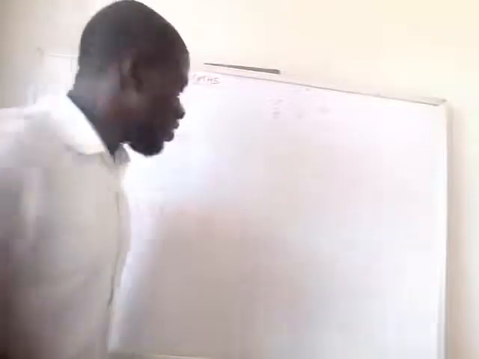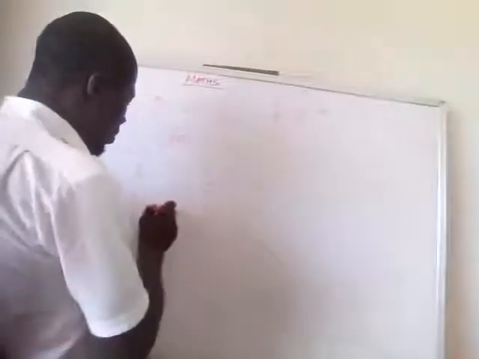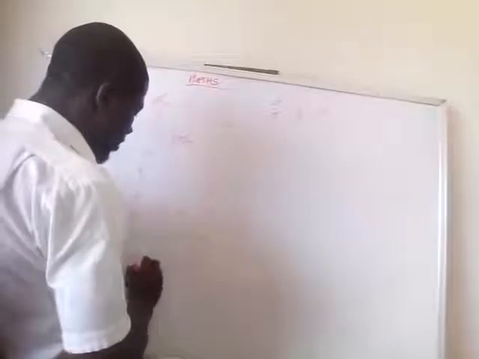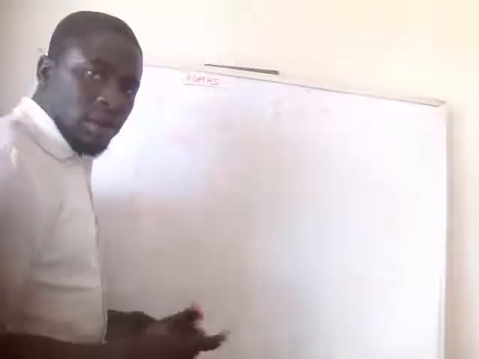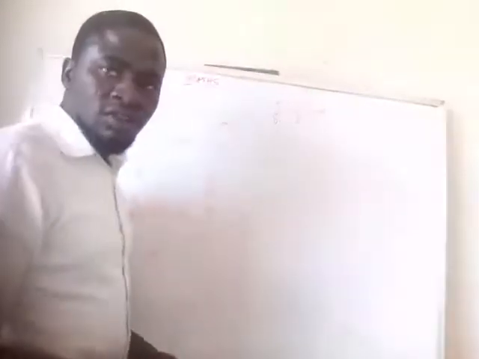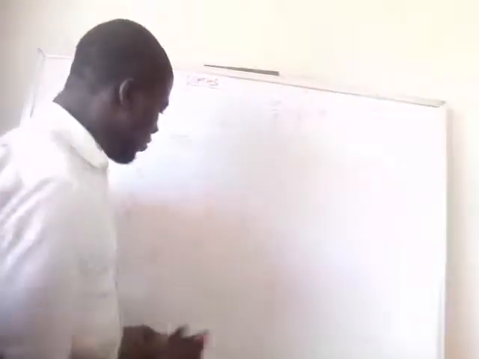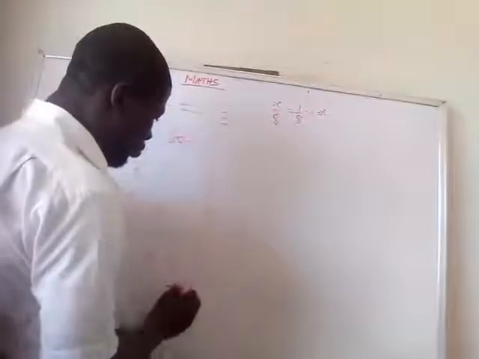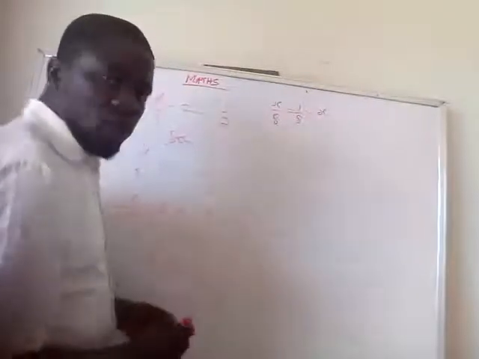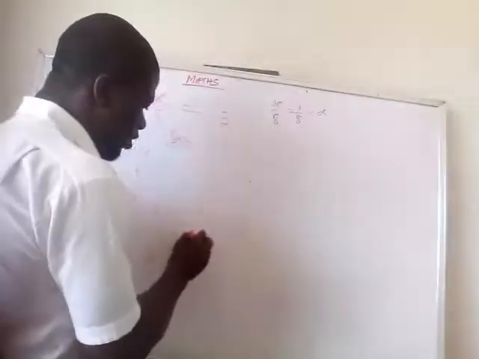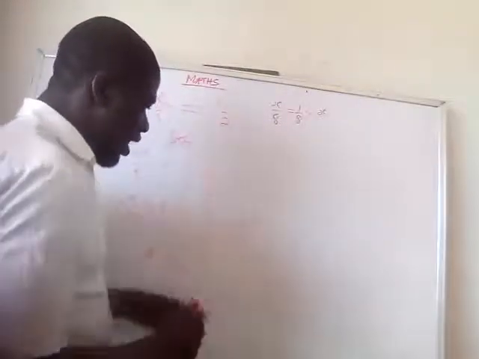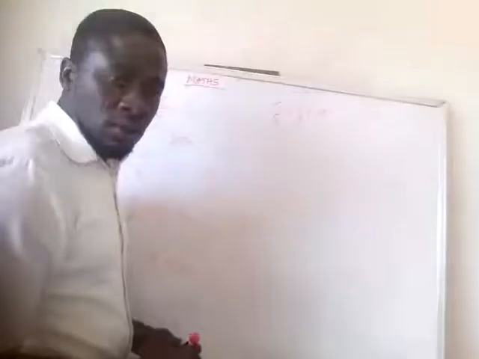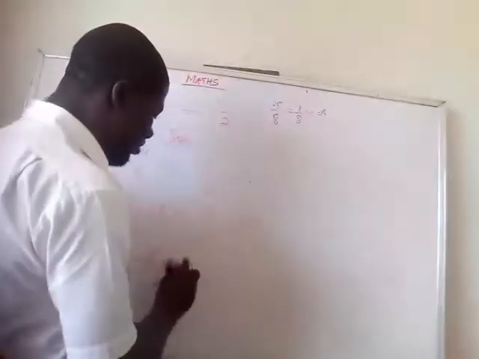So 8 will cancel 8. You are left with x less than or equal to, there is no minus, there is no need of changing the sign. So 2 cancels into 8 will give me 4. So we have 3 times 4, that's x is less than or equal to 12.